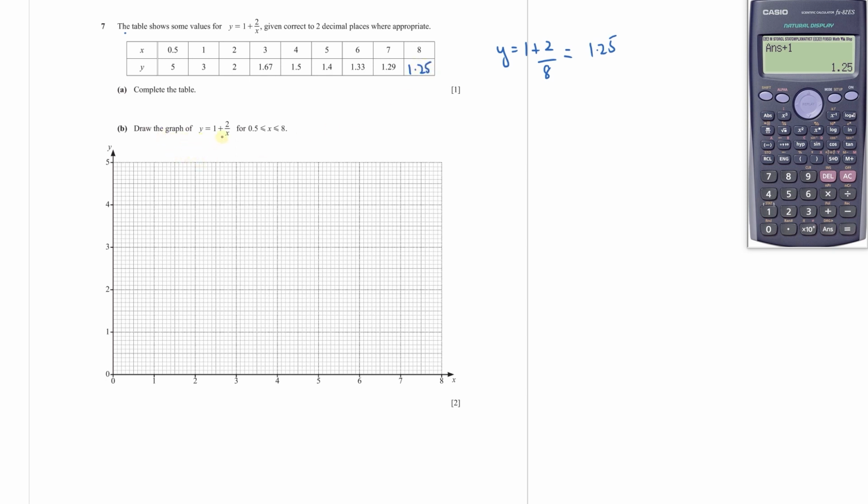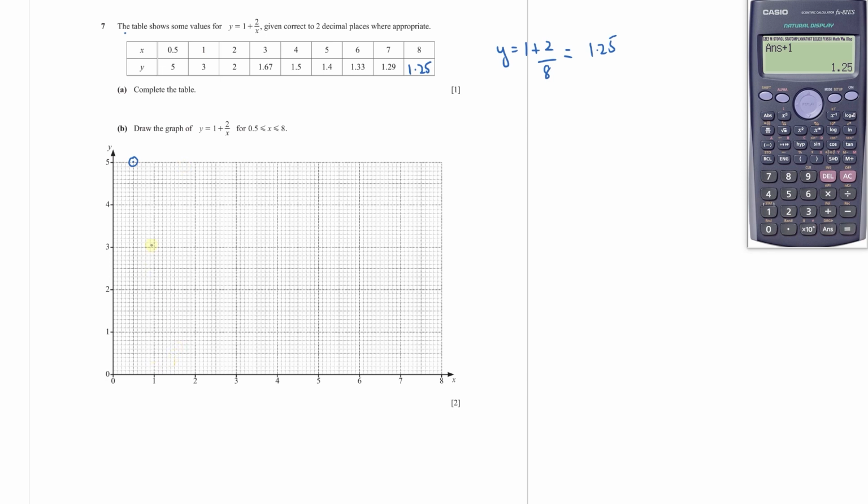Draw the graph of this equation for x between 0.5 and 8. So let's plot these points. On the x-axis, each small block is 0.1, and the same on the y-axis as well. So the first value is 0.5 and 5. So 0.5 and 5 is this point.